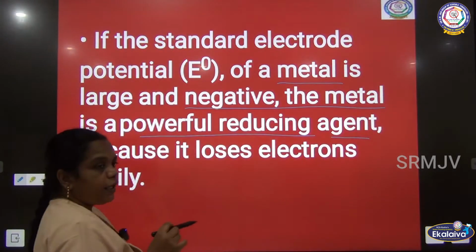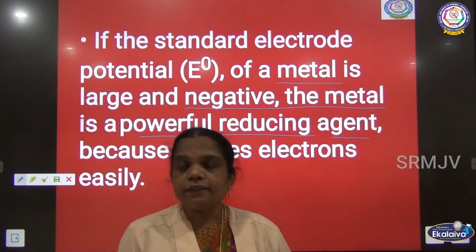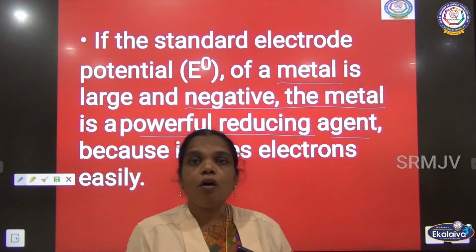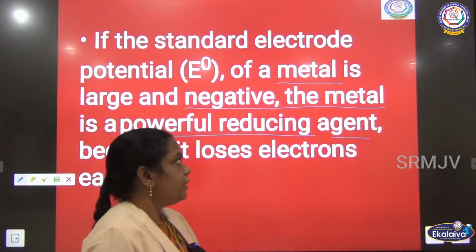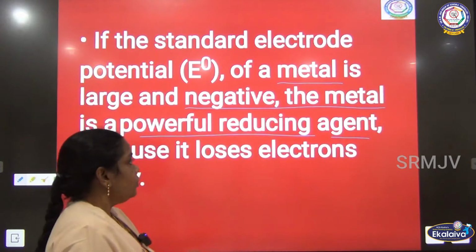So by the EMF value we can calculate whether the element acts as a powerful reducing agent or oxidizing agent. If the element has a large negative value, in that case what?